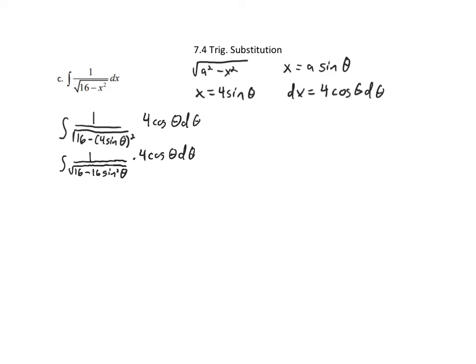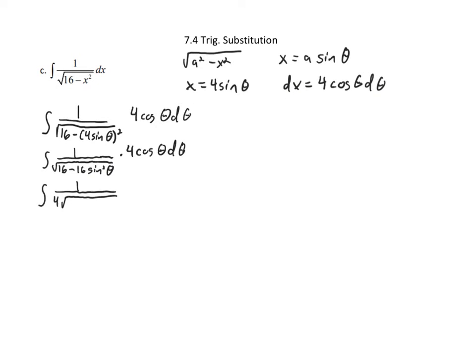The next thing I'd recognize is that the square root of 16 is 4, and we've got 16 and 16, so we can factor out a 16 and take the square root of it to get 4. So we have 1 over 4 square root of 1 minus 1 sine squared theta, and then 4 cosine theta d theta on top. That works out well because the 4 and 4 cancel.